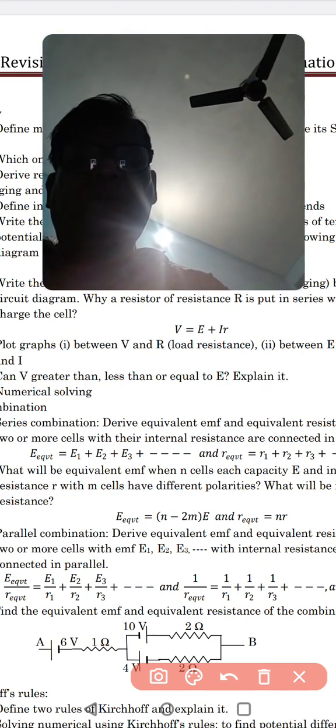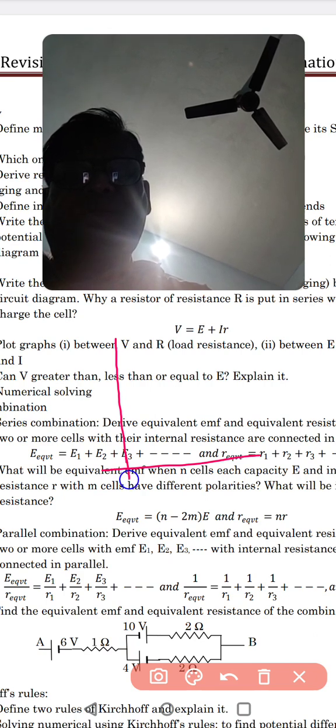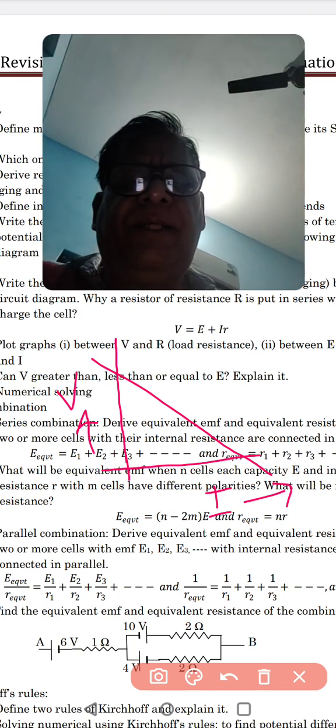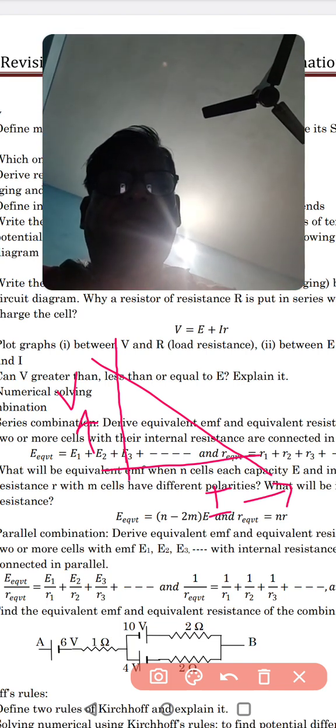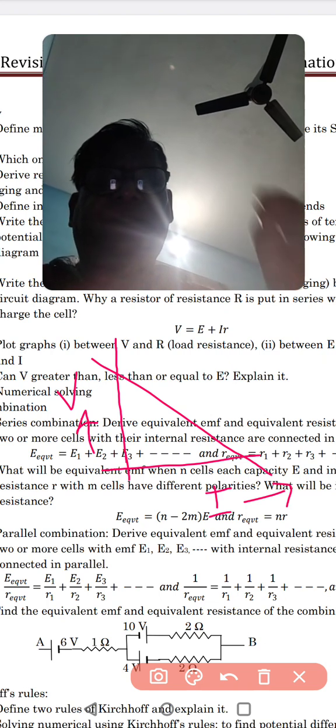Between V and I, V is on the y-axis and I on the x-axis. The graph is a straight line and its slope is minus r, where r is the internal resistance.